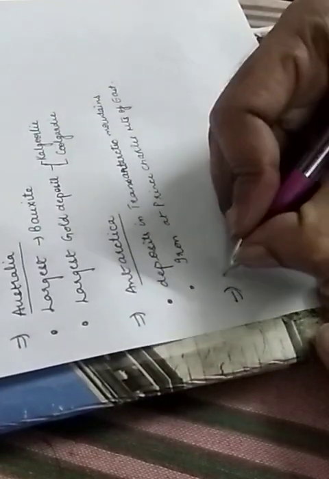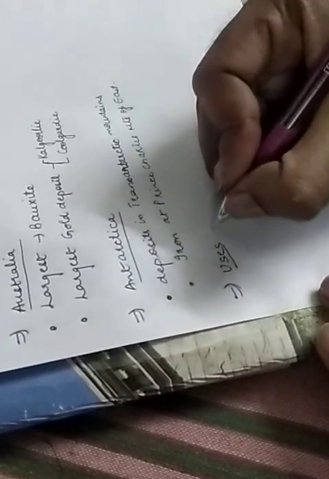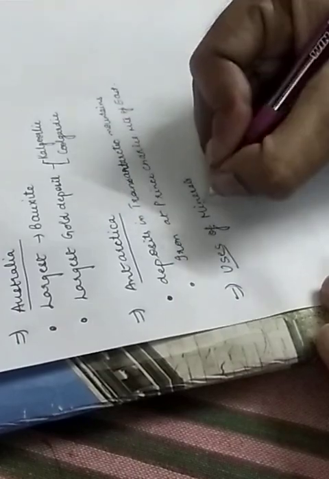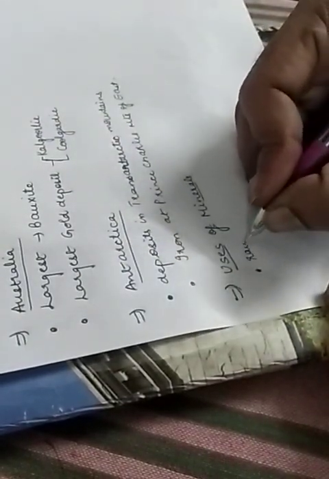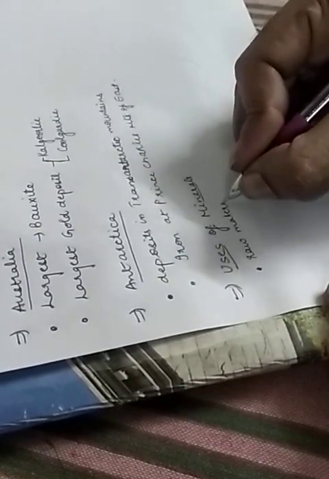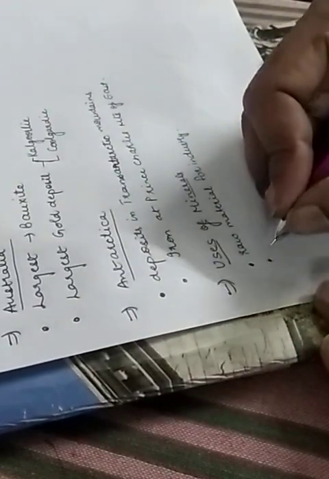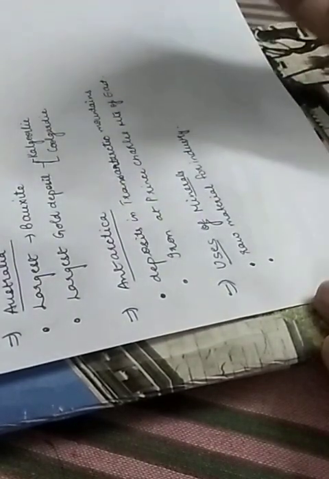Now we have the next topic, that is uses of minerals. In many industries they are used as a raw material. In the computer industry, quartz, silicon and germanium are used, and also in the bottling industry, and many more.